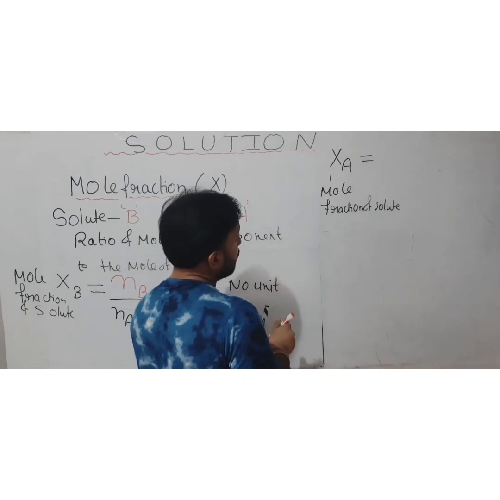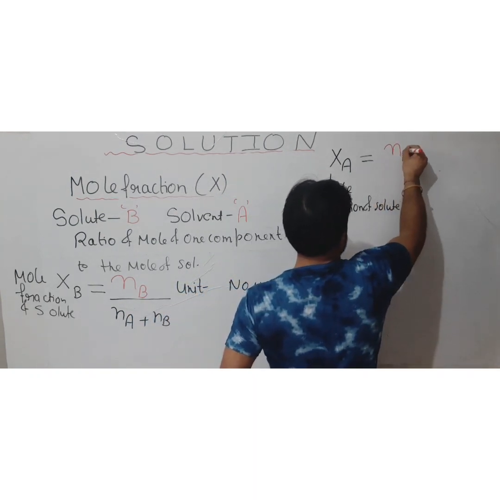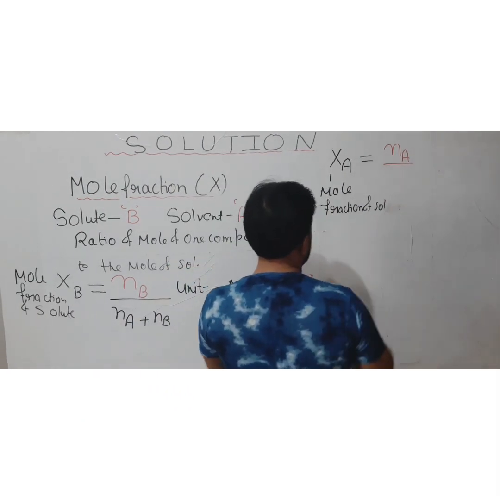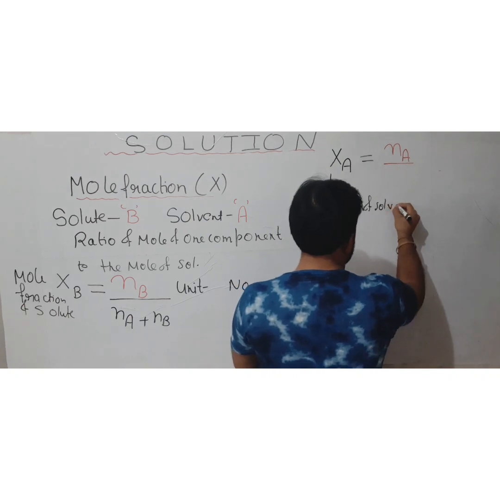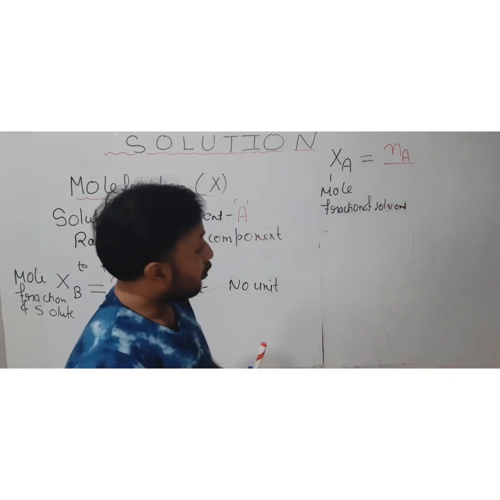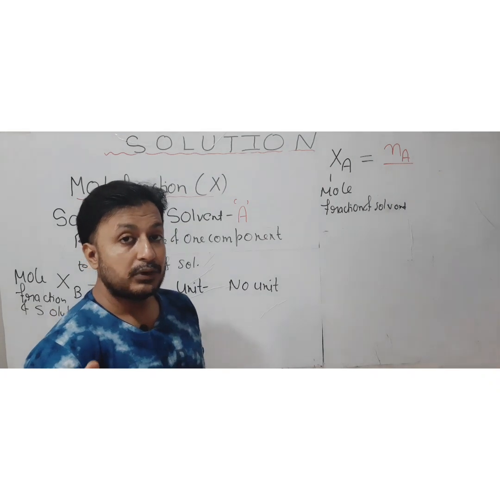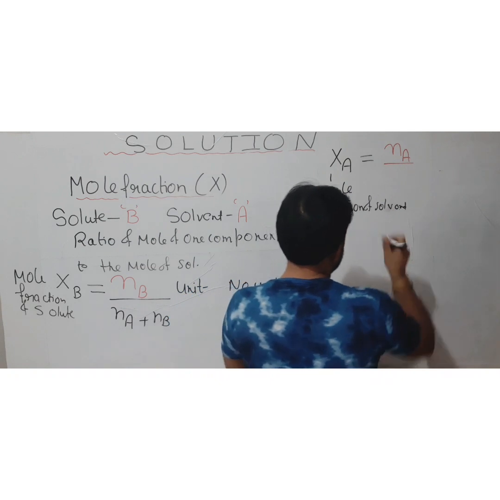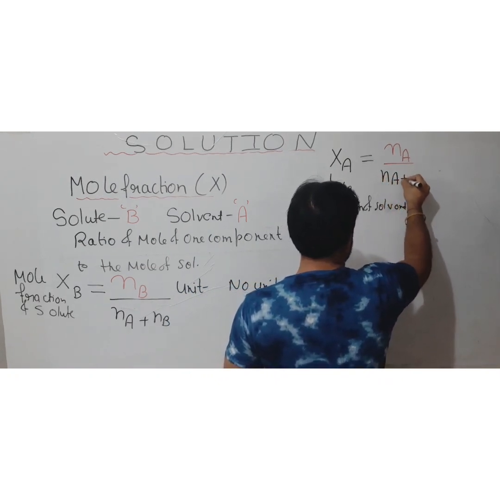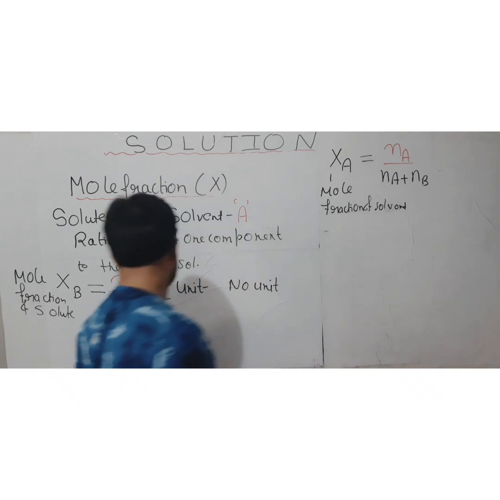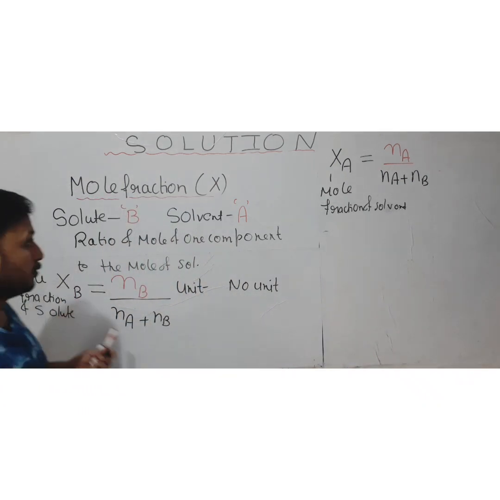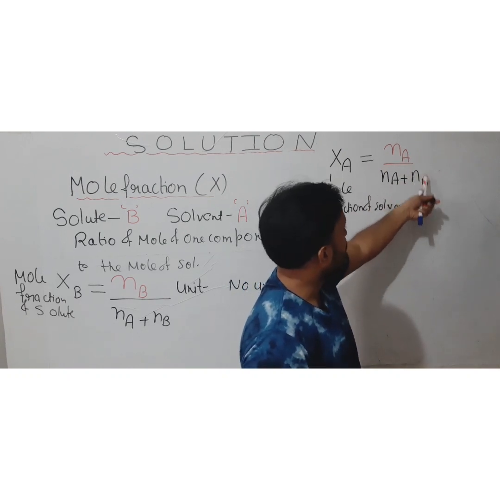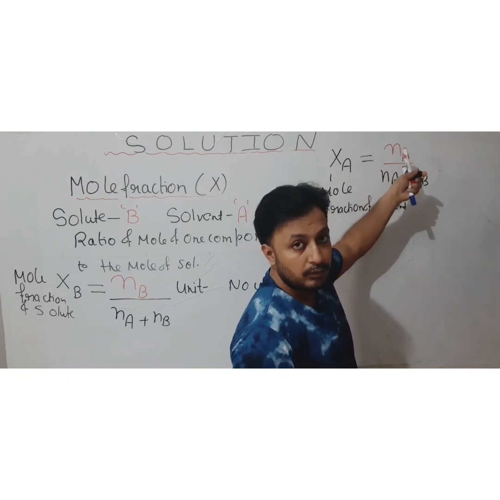It will be equivalent to the number of moles of solvent, because this time we are calculating the mole fraction of solvent, so it should be number of moles of solvent divided by the number of moles of solution, as we have done earlier also. So XA is equivalent to Na upon Na plus Nb, where again this is the mole of solution and this is a mole of solvent.